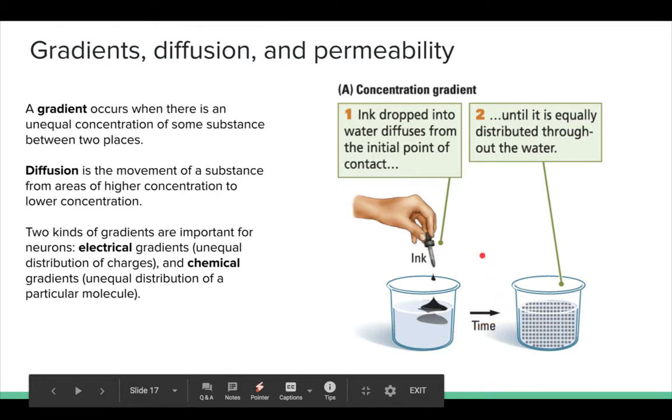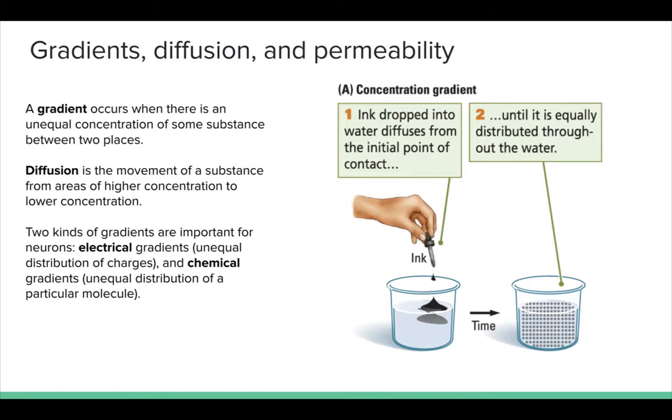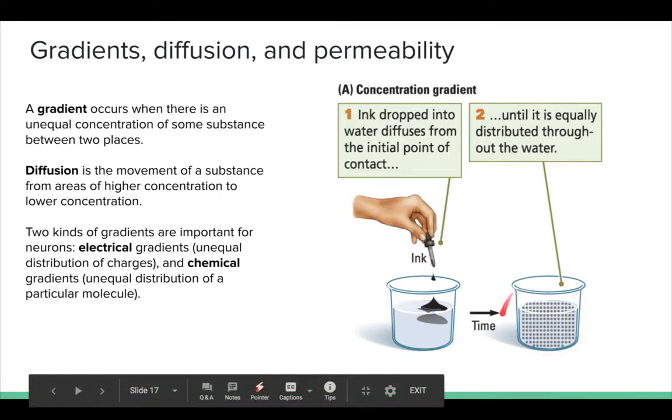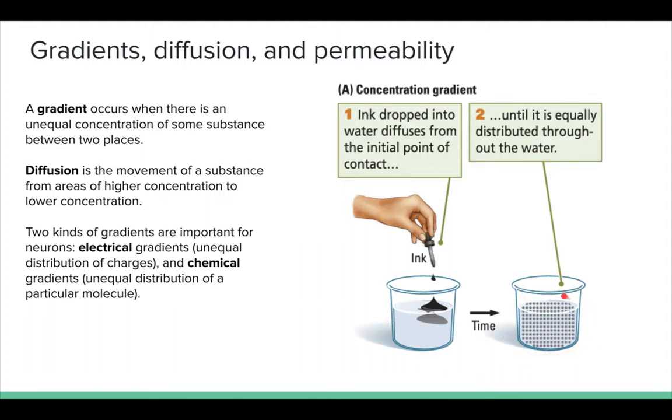Now, over time, that substance is going to spread out, and over a long enough period of time, it's going to reach a continuous distribution all throughout the container, and the gradient is going to disappear. So this process of spreading out and filling the space is called diffusion. It's simply the movement of some substance from an area of higher concentration to an area of lower concentration.